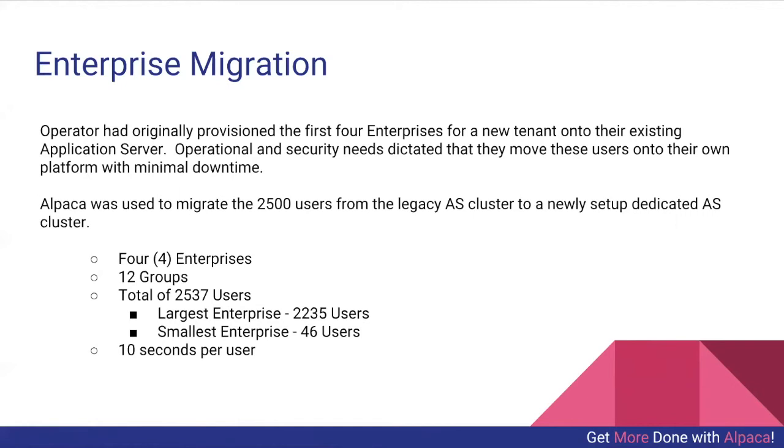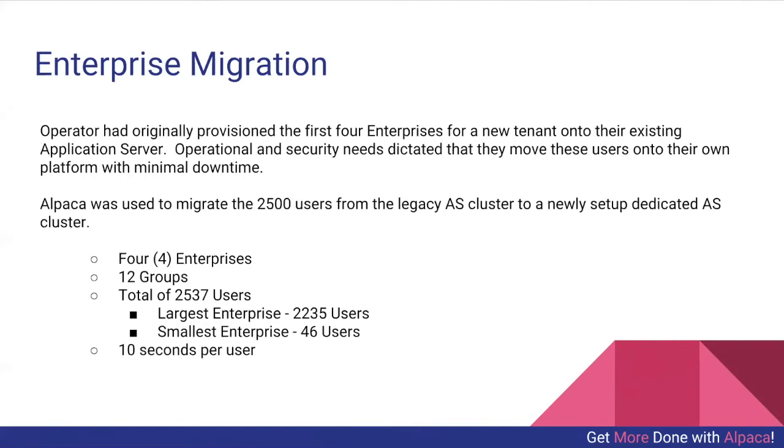Now I say about 10 seconds per user because that's going to vary largely depending on a lot of different things. How complex are those users? These users in this particular case were fairly complex. How close was the source and the destination? In this particular case, the source and the destination were in the same data center, so it was fairly quick. How big is the network between the source and the destination?